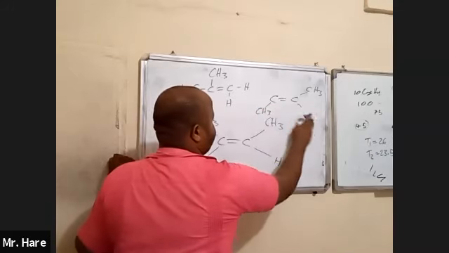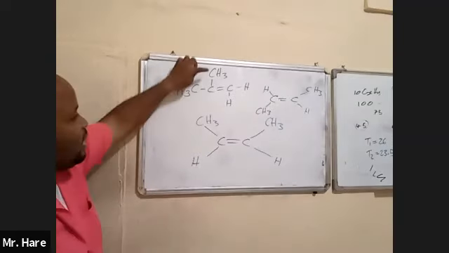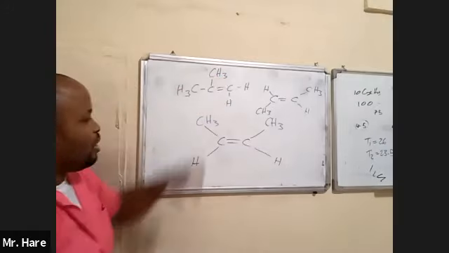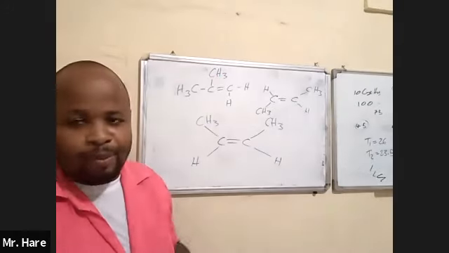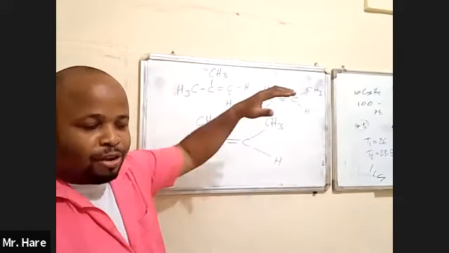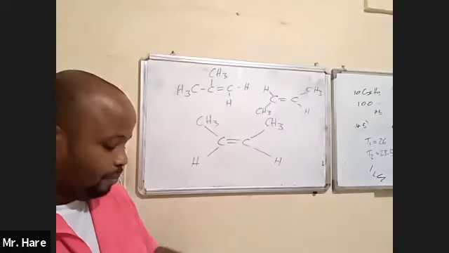So, because the two methyl groups are on the same carbon and the two hydrogens are on the same carbon, at no point in time can they be on the same side of the double bond or across from each other. So it couldn't be cis.